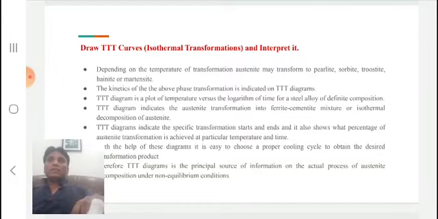TTT means time temperature transformation curves. This curve is a plot of temperature versus the logarithm of time for a steel alloy of definite composition. That means for each and every steel composition there will be an individual TTT diagram.